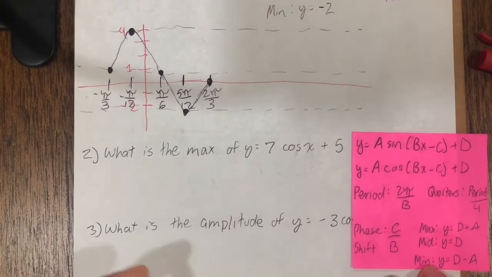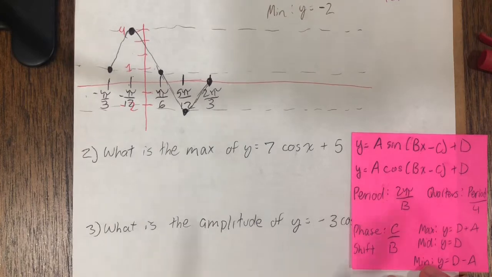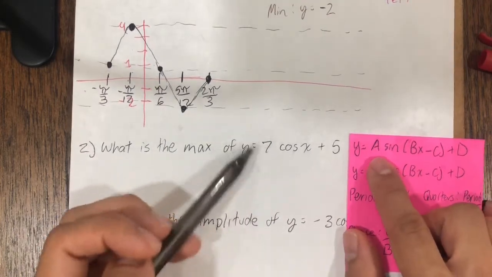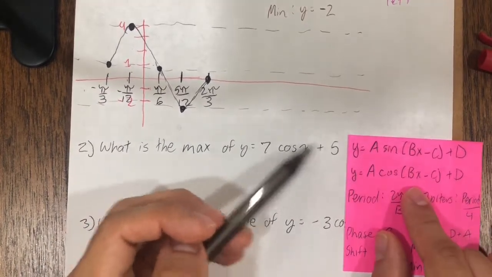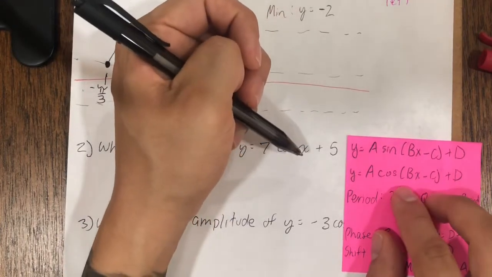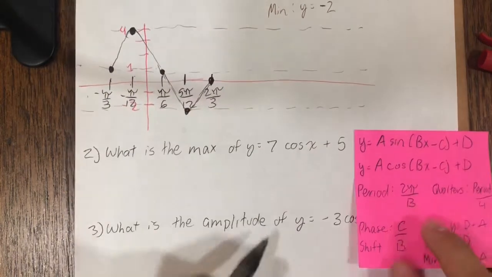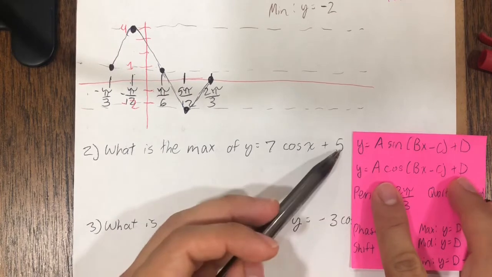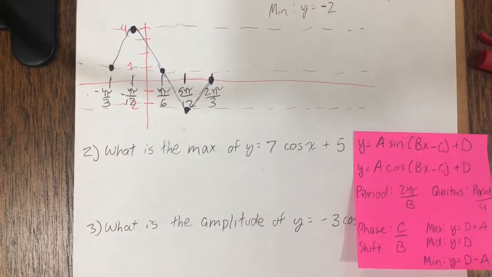And to figure out the maximum, we just need 2 numbers, which are numbers for A and D. So if we take a look, we see that 7 is in the same spot as A. There is no parentheses going on behind cosine, so there's no number, so the coefficient for B would be 1, and then there's no C, but we just need A and D. So we have 7 for A, and then we see that 5 is in the same spot as D, so I just need 7 and 5 to figure out the max.